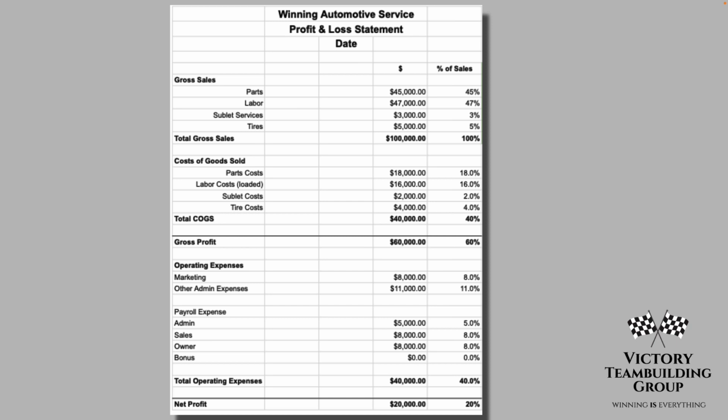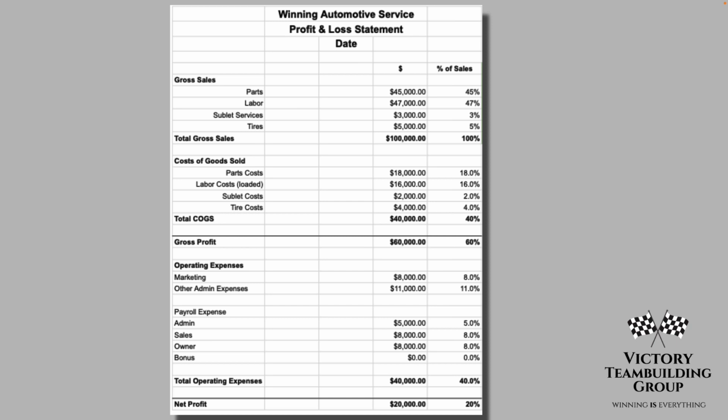That doesn't necessarily mean that you're going to throw good jobs away that don't hit your margin criteria, meaning we're not going to do tires because we can't make 60% gross profit margin on tires. Well, that's silly. You can still make gross profit dollars on tires, and usually they don't take very long to do. So it's okay to take those lower profit margin jobs if they're easy to turn around. There's not a lot of risk there, and you can still add those dollars to the bottom line.